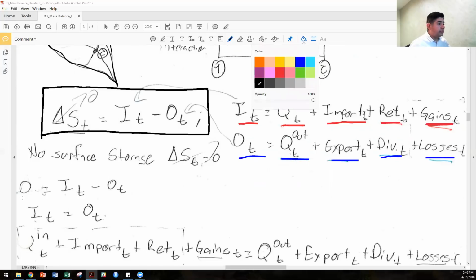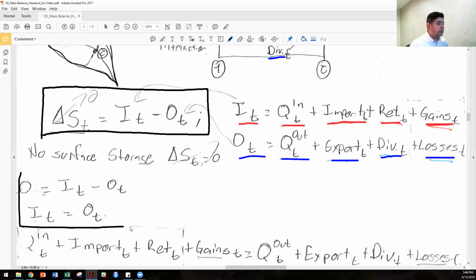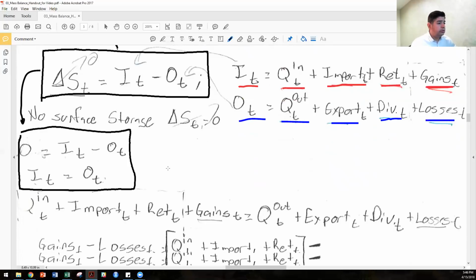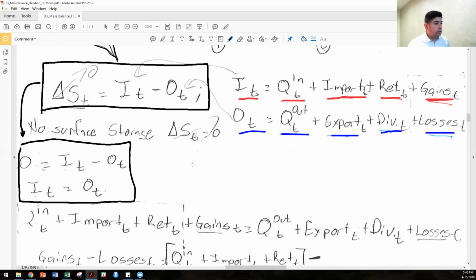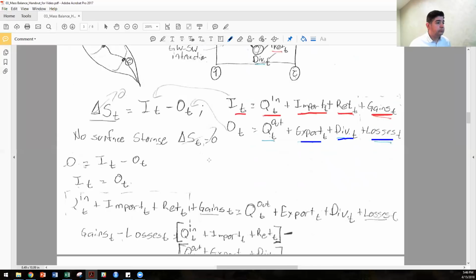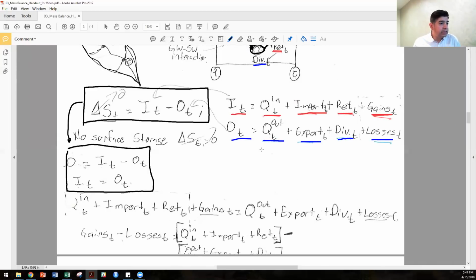If the change of storage is 0, then the inflows will be equal to the outflows. That's what is going on here, okay? Now, following the same, all of these inflows you can actually see are written here.